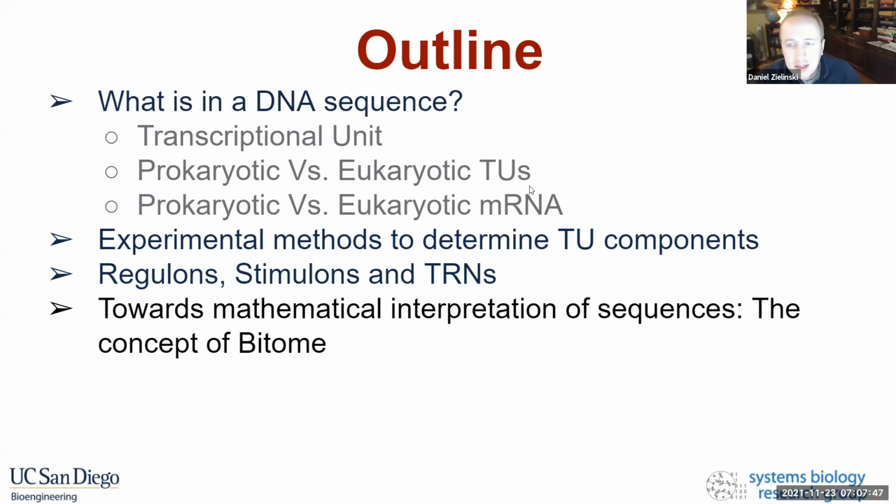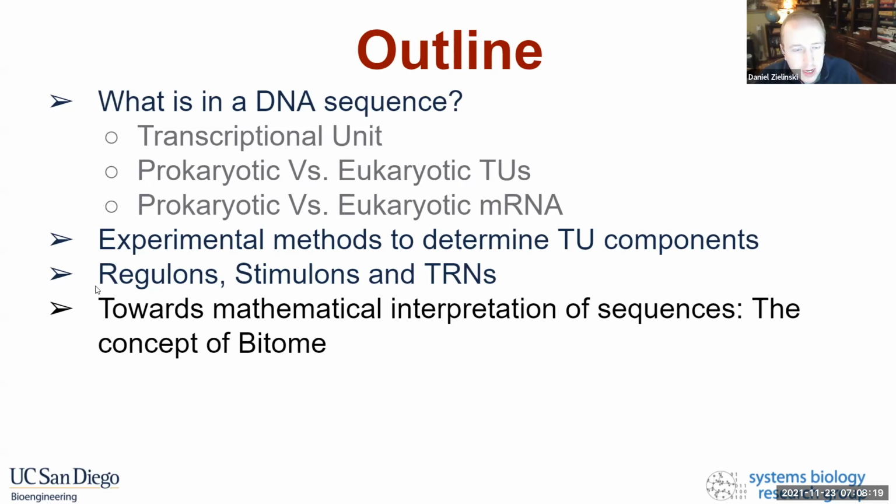But it is interesting and important to contrast with the information that's in eukaryotic genomes, just to foreshadow where this is going and some of the challenges in making these kinds of data structures as generalizable as possible. Then we're going to be talking about different data types that you can layer on, whether they're experimental or conceptual.